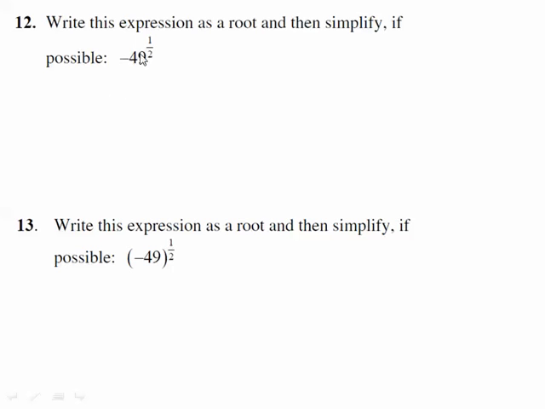The negative is just sitting outside. If you do see parentheses, that 1/2 is acting on the whole thing. You need the parentheses in order to include the number. So in this case, the negative is just sitting outside, and we're taking the square root of 49. Square root of 49 is 7, and then the negative in front makes a -7.